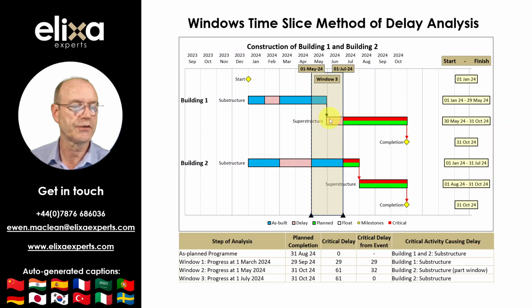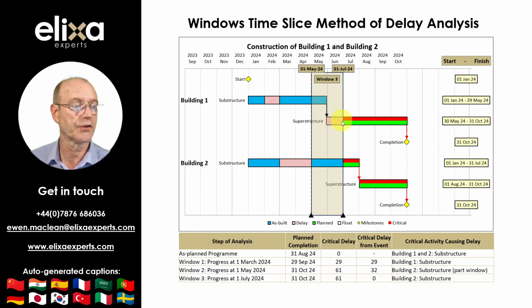This 32-day delay to Building 1 pushed the completion of Building 1 out from the 29th of September to the 31st of October, but did not extend the overall completion date further, since Building 2 had already pushed overall completion out to the 31st of October. Therefore, there is no further delay to completion at this time.